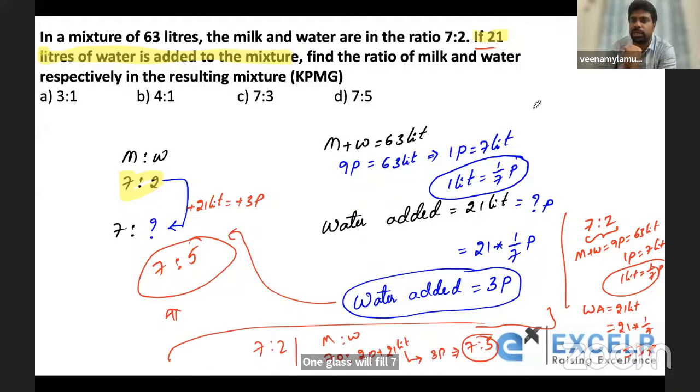To fill 21 liters, how many glasses do you need? That is nothing but 21 liters is 3 parts. Understood? The same thing. So you assume that a glass is nothing but 1 part for us. Okay. Next question you see.